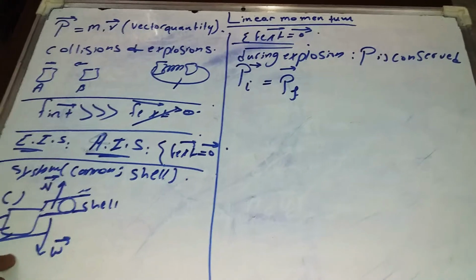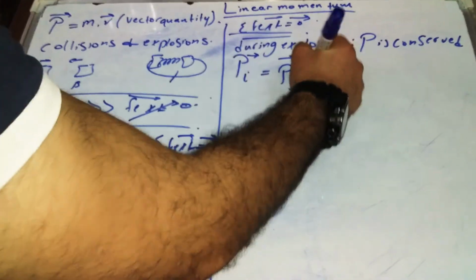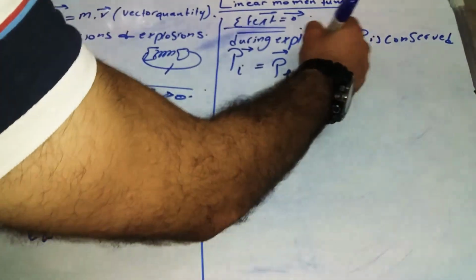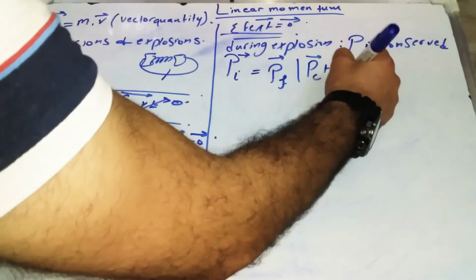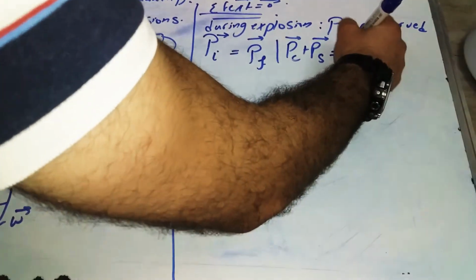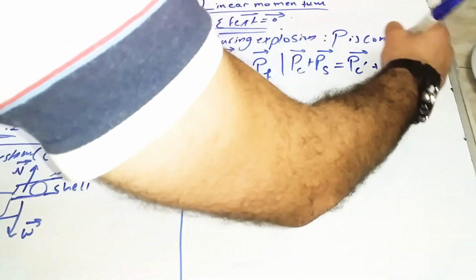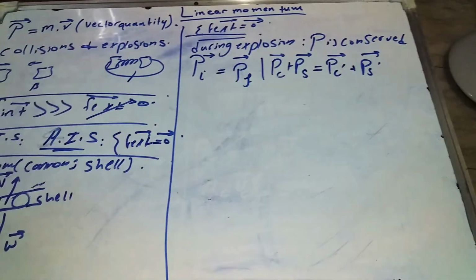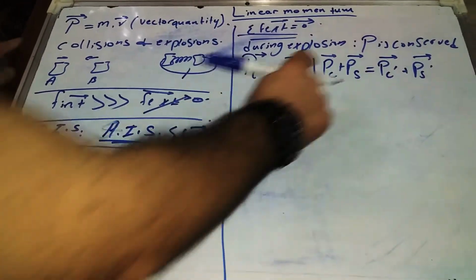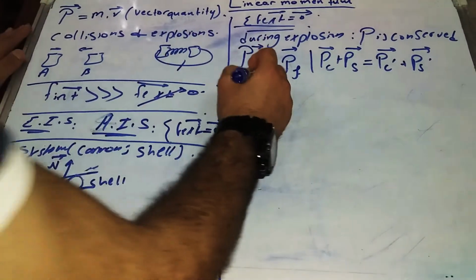So if we get back here, we have P cannon plus P of the shell initially is equal to P prime of the cannon plus P prime of the shell after collision.